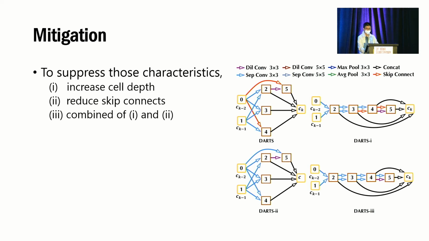Here we design three variants of the original DARTS model architecture. The first variant stretches the cell to make it deeper. The second variant replaces all the skip connects with convolutional layers, which is from the red to blue. And the third variant is simply the combination of the previous approaches.